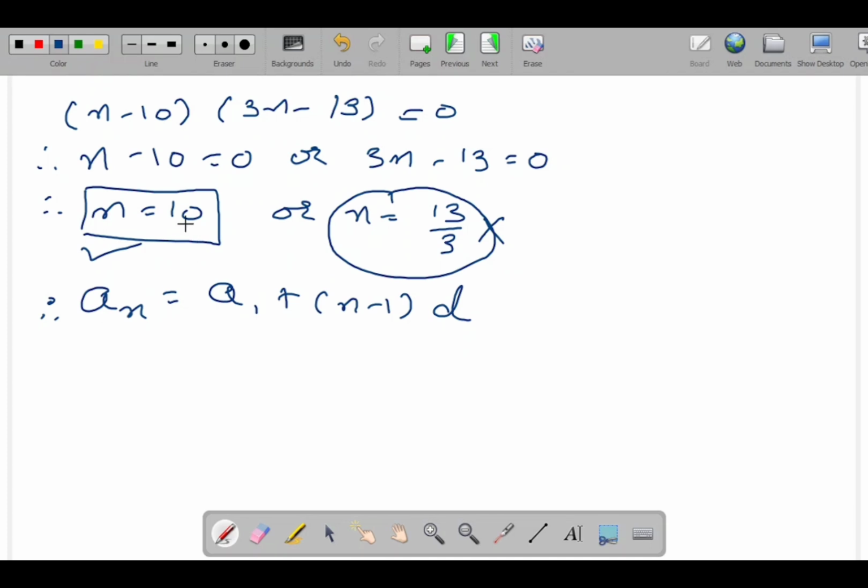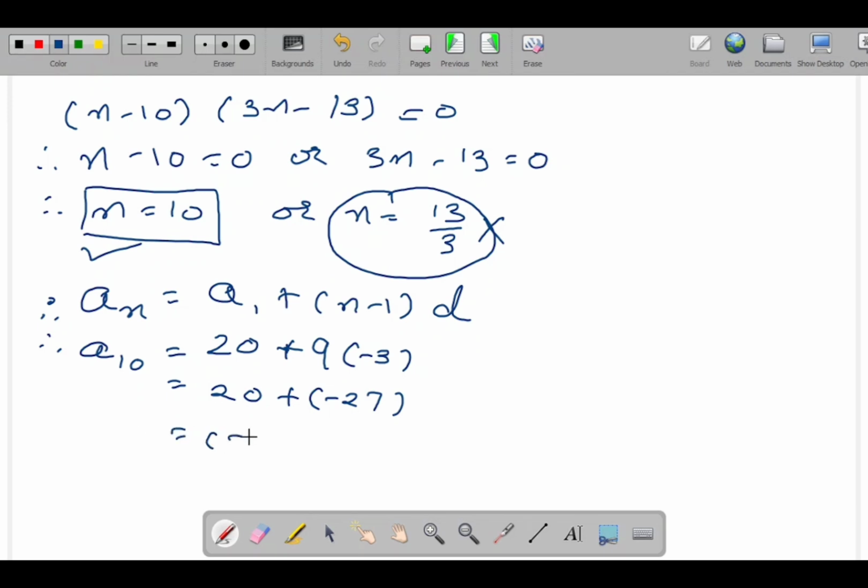You already know n is 10, you want to calculate the 10th term. A1, you know the value of a1 is 20 plus n minus 1, that means it is 9 into minus 3. So 20 plus minus 27. So that is minus 7. That means the 10th term of this given AP is minus 7.